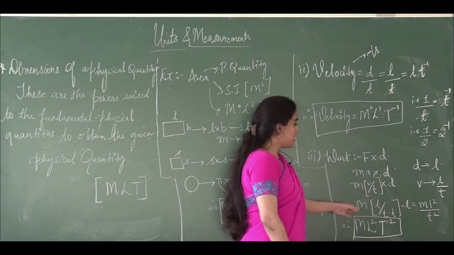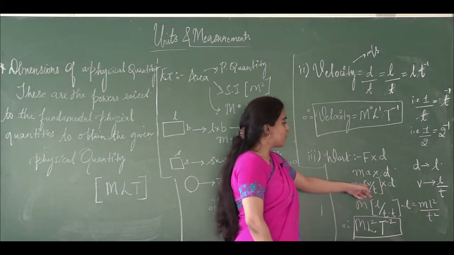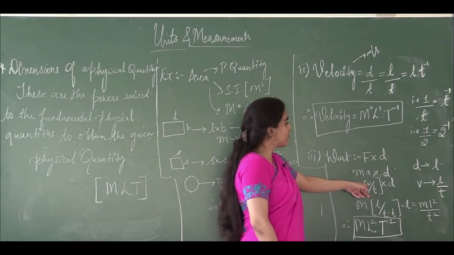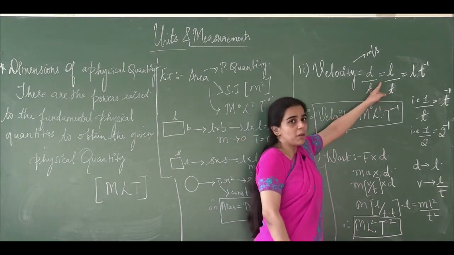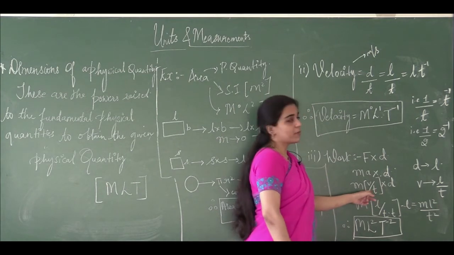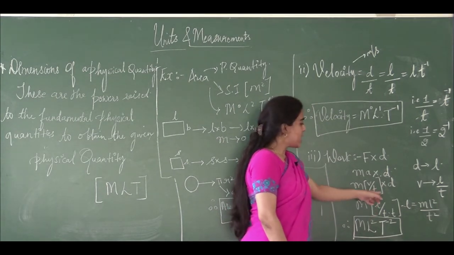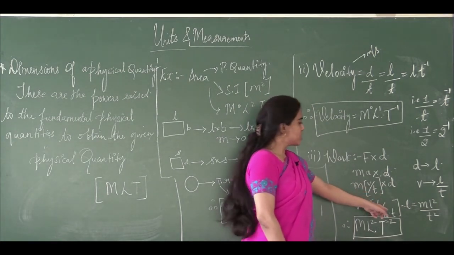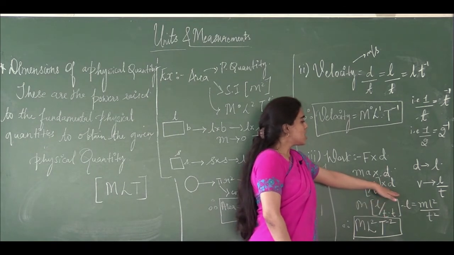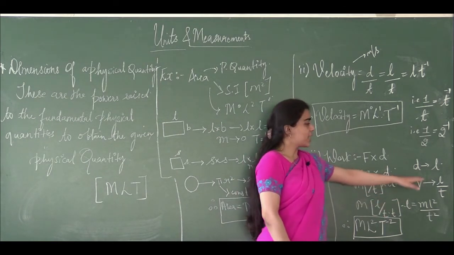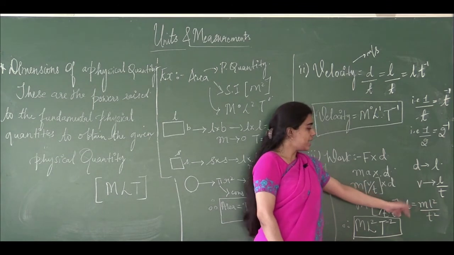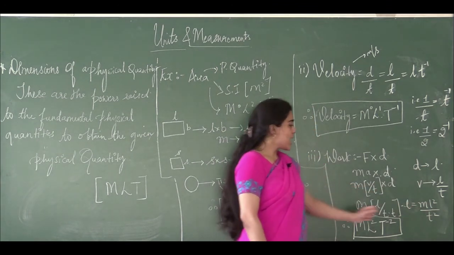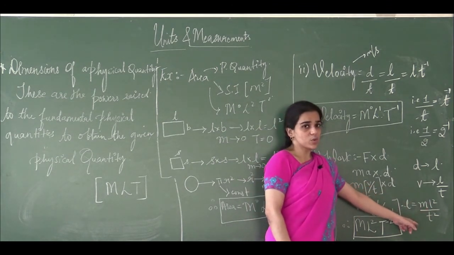Here we rewrite the velocity, which we have arrived at as L by t, into the t present in the denominator, into the displacement, which is again in terms of length. So we will get M L square by t square.